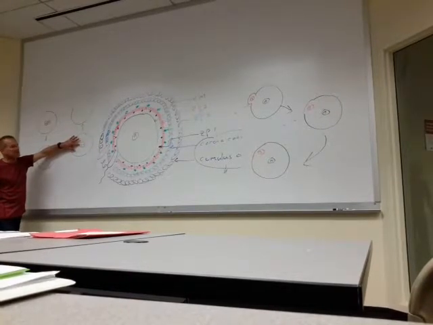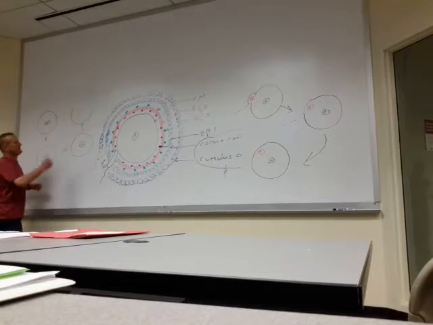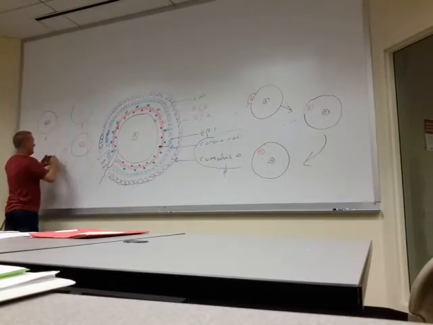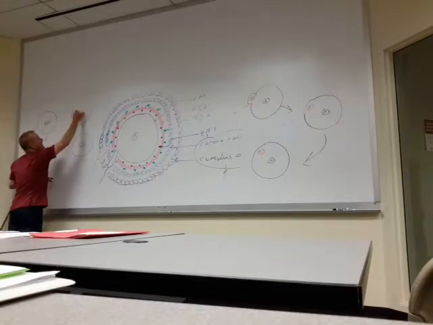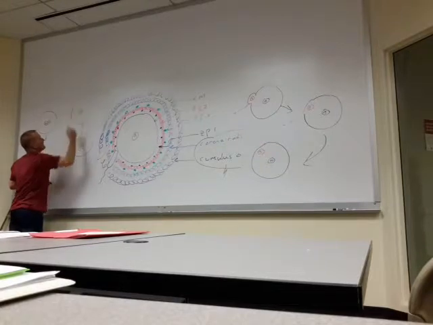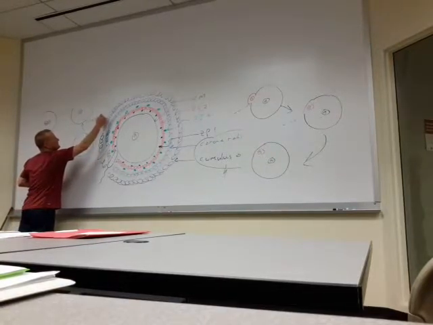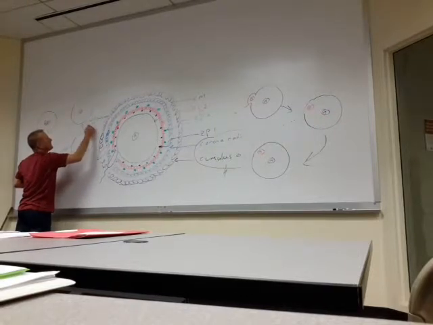The homologous pairs have to pair up. And once the homologous pairs pair up, then we have an actual diploid nucleus, and we have a one-cell embryo, which is called a zygote.